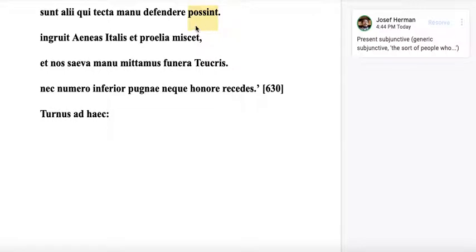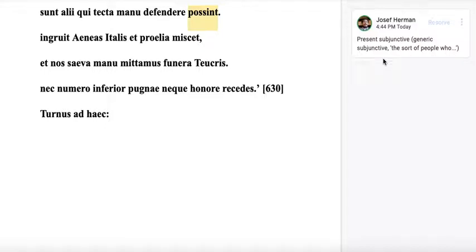Okay, now, here, there are different ways you can translate possint. You could say who are able, or you could just say there are others to do this. Okay, now it's a subjunctive, and you could say this is a kind of purpose clause, right? There are others in order to do this thing. Another way of seeing it is as what's called a generic subjunctive, right? There are others who are the kind of people who can do this.